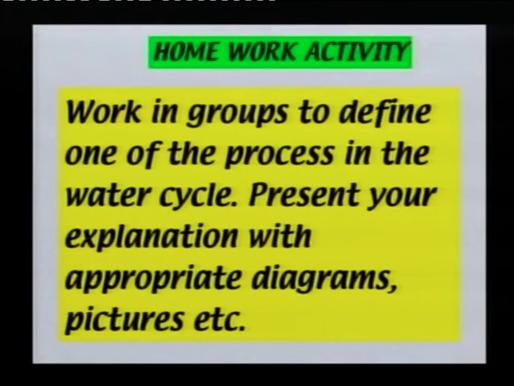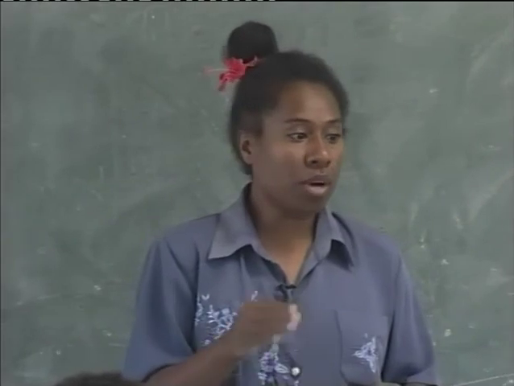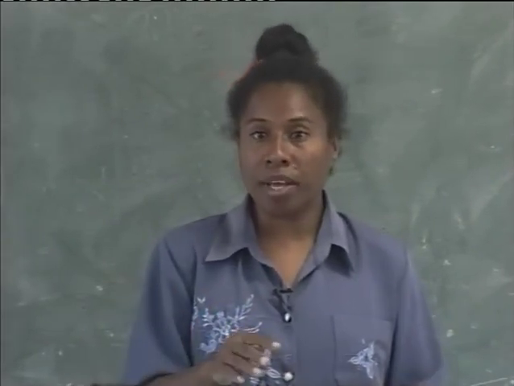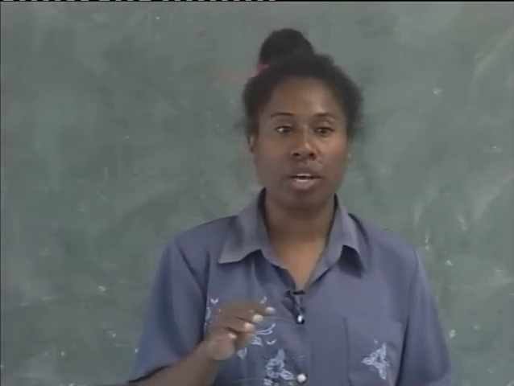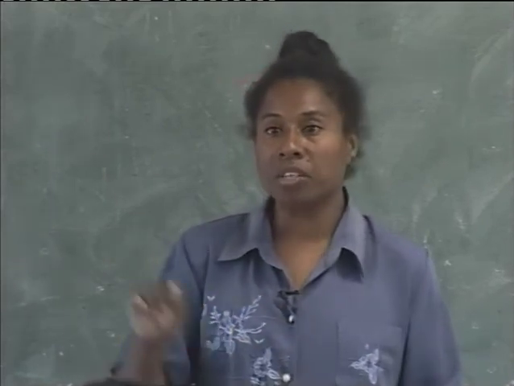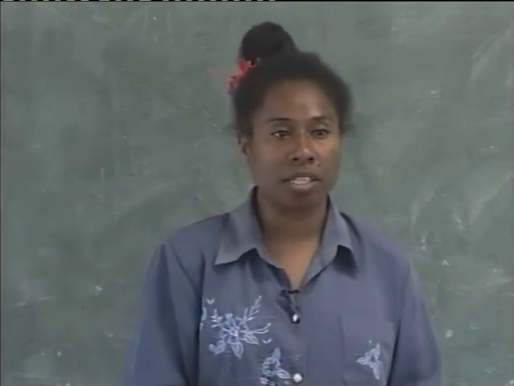And beside that, you need to illustrate or show that process by using diagrams, pictures, and etc. to help with a better understanding of those different processes. You do the work as a group, and then you also decide who is going to actually talk on what aspect of that particular process.